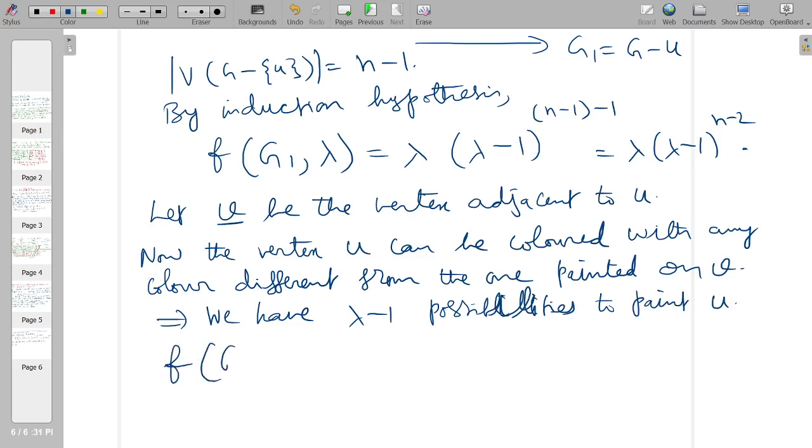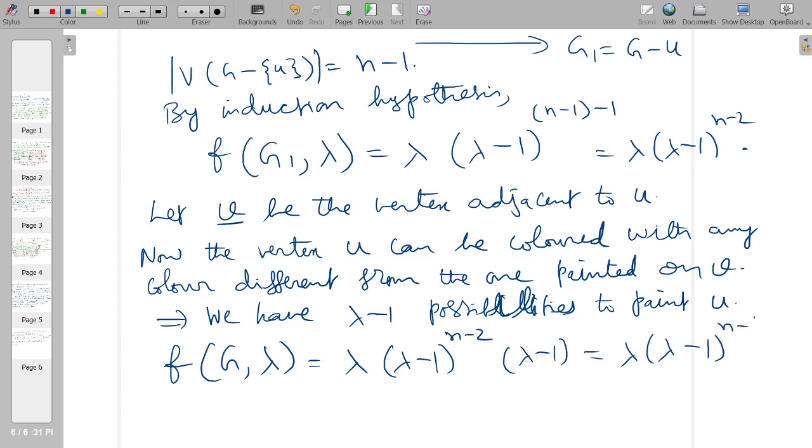So the different colorings for G using lambda colors would be lambda into (lambda minus 1) whole power n minus 2 into (lambda minus 1), which would be lambda into (lambda minus 1) whole power n minus 1. So by induction hypothesis, you were able to prove that the chromatic polynomial of a tree is lambda into (lambda minus 1) whole power n minus 1.